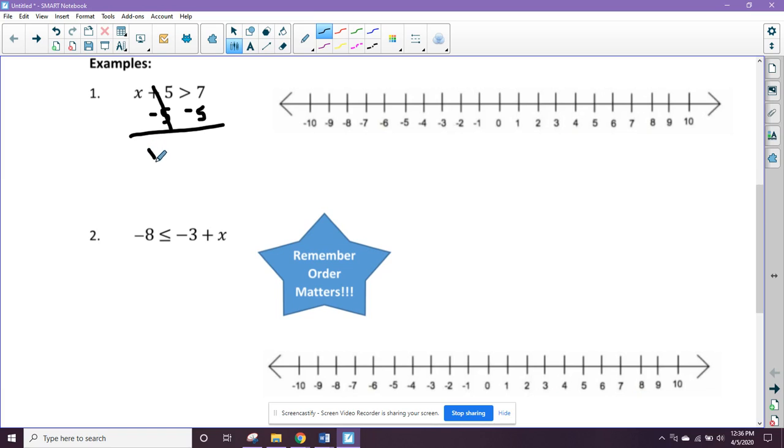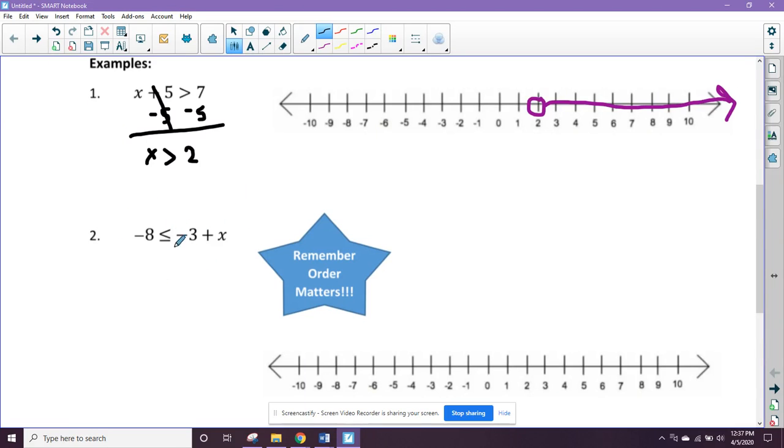So we're just left with x is greater than 7 minus 5, which is 2. So we start at 2. Is it going to be open or closed at 2? It's going to be an open circle at 2. And then our arrow is pointing to the right. And there we go.